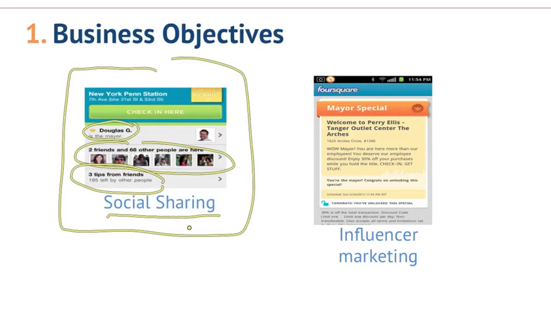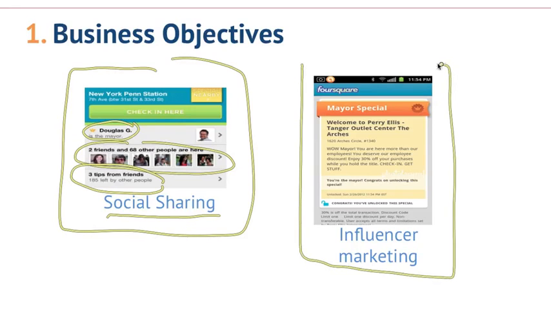The business objective is get check-ins and get information about those locations in the check-ins, because that ultimately is a way of Foursquare to achieve its overall business goal, which is to be a profitable, successful company.